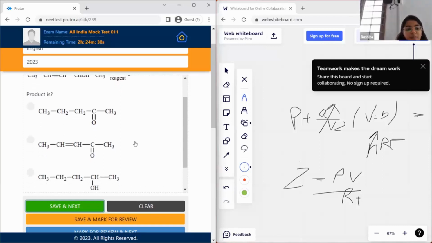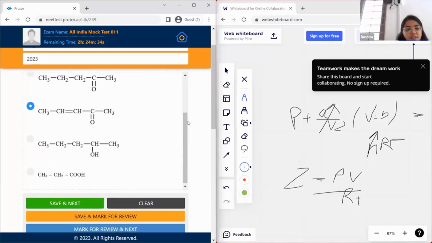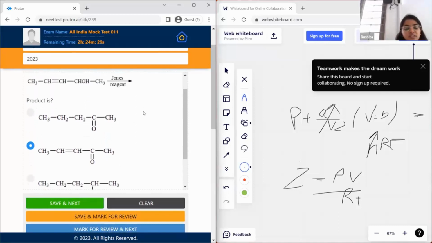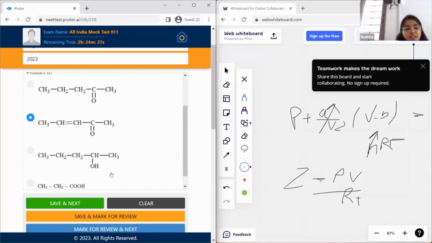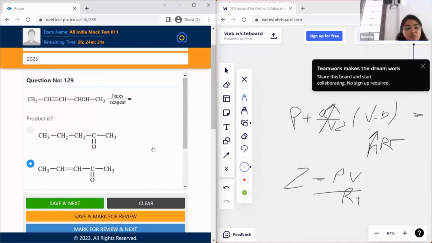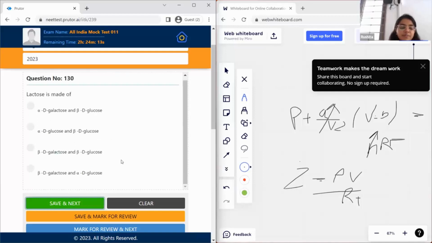So if we see in option 2, a ketone is produced. In option 1, the double bond is lost, which does not get lost by Jones reagent. And in option 3, also the double bond is lost, but OH is remaining. And here acid is produced, but it oxidizes only one step because it's a weak oxidation reagent. So only a ketone would be produced. So B is the correct option here.